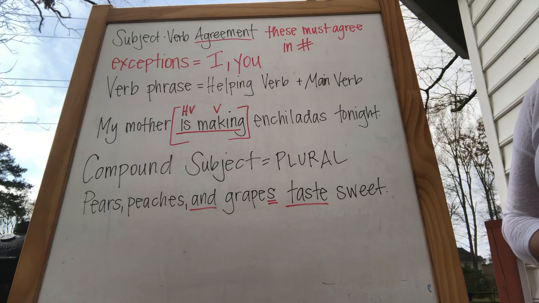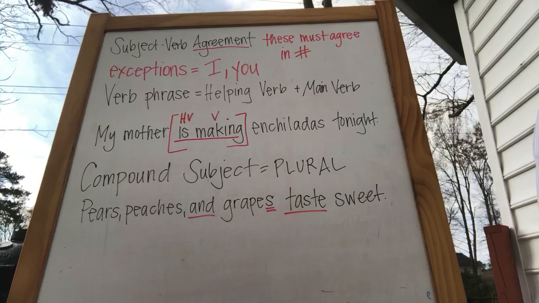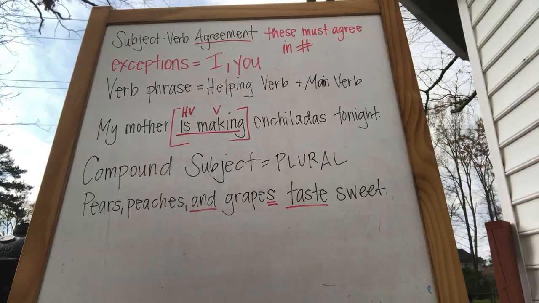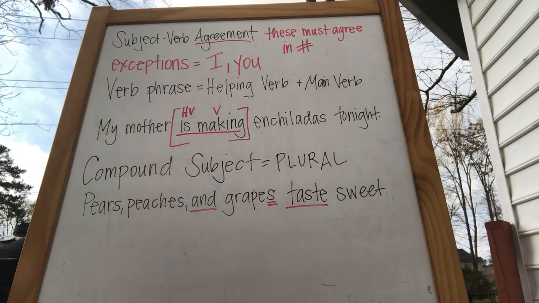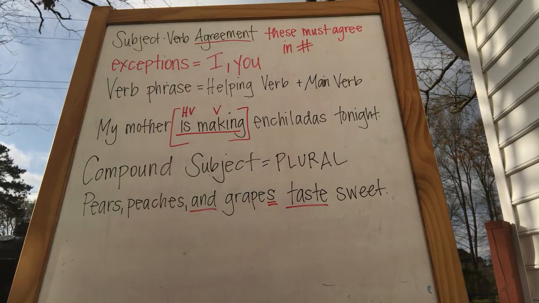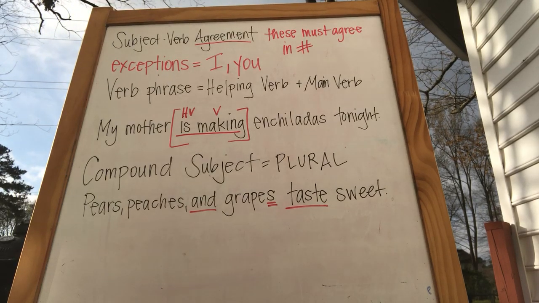One thing we didn't talk about in the previous video is that a verb phrase is a helping verb plus a main verb. We did go over this a few weeks ago, or the last time we were in grammar, and so this is just a review, that a helping verb helps a main verb to show tense of the actual verb. So we see the example, my mother is making enchiladas tonight.